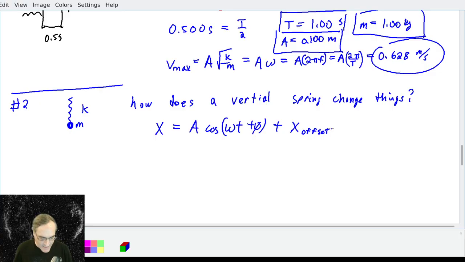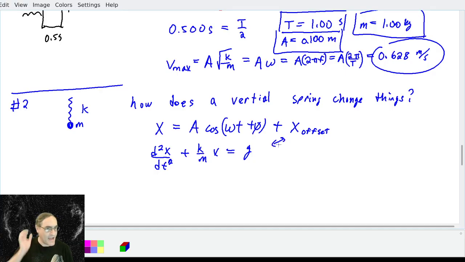In this case, we basically have the equation looking something like second derivative of x with respect to t plus k over m x is equal to g. And it gives us an offset that's related to that g factor. Essentially, it's how much you're already stretched or compressed by gravity.